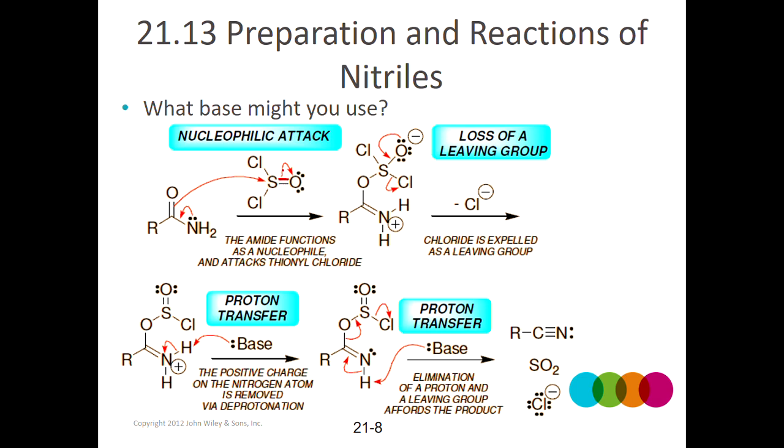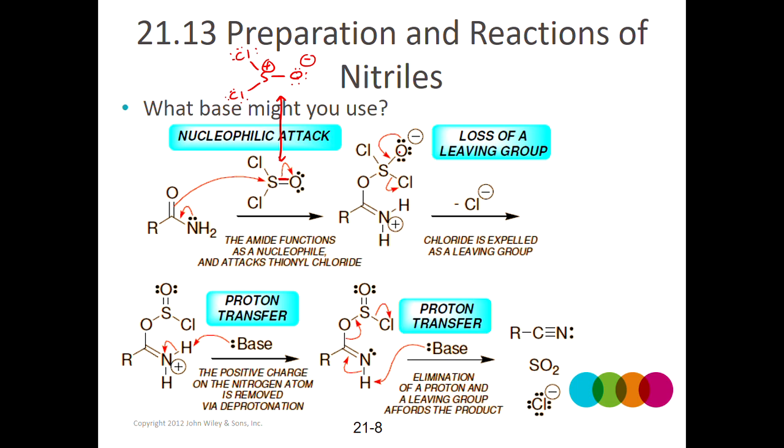So really this thionyl molecule, as we said before, mostly looks like this, where you have a positive formal charge there. And so that sulfur is very electrophilic. It very strongly attracts in a pair of electrons.